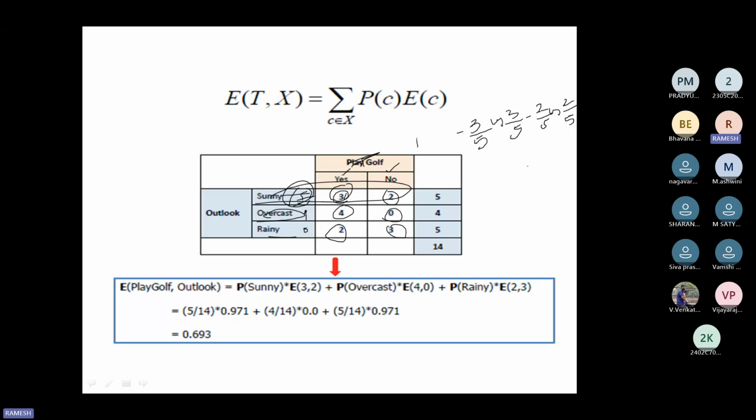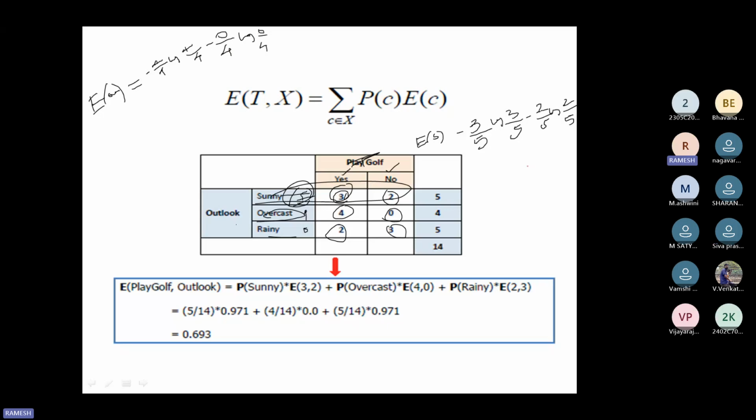Now the entropy of overcast: 4 yes are there, so minus 4 by 4 log 4 by 4, minus 0 no's, 0 by 4 log 0 by 4.